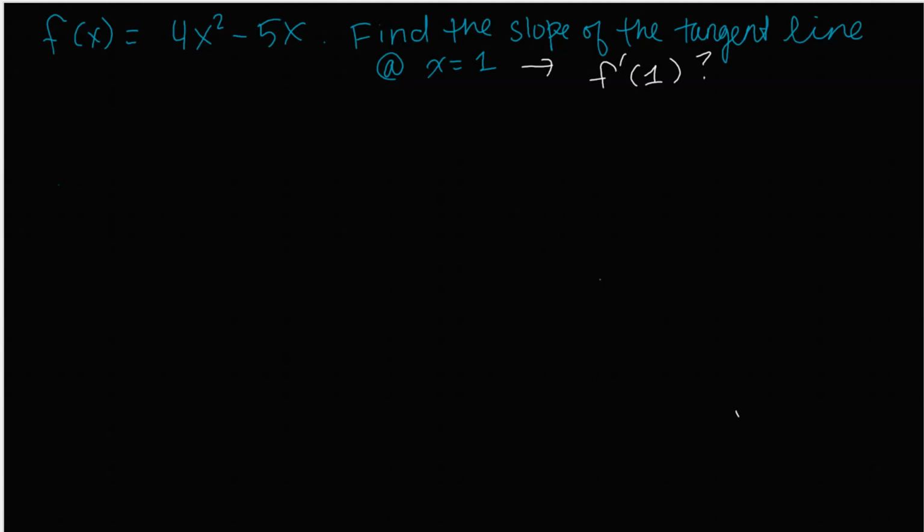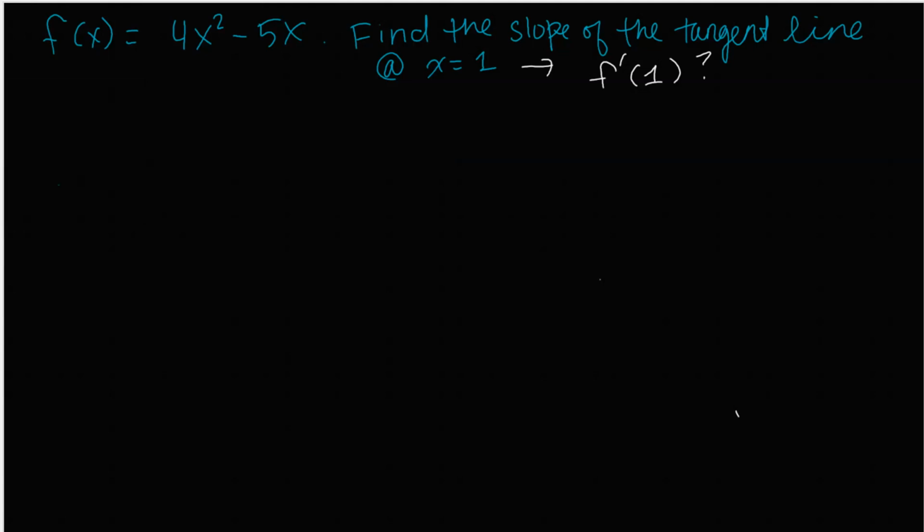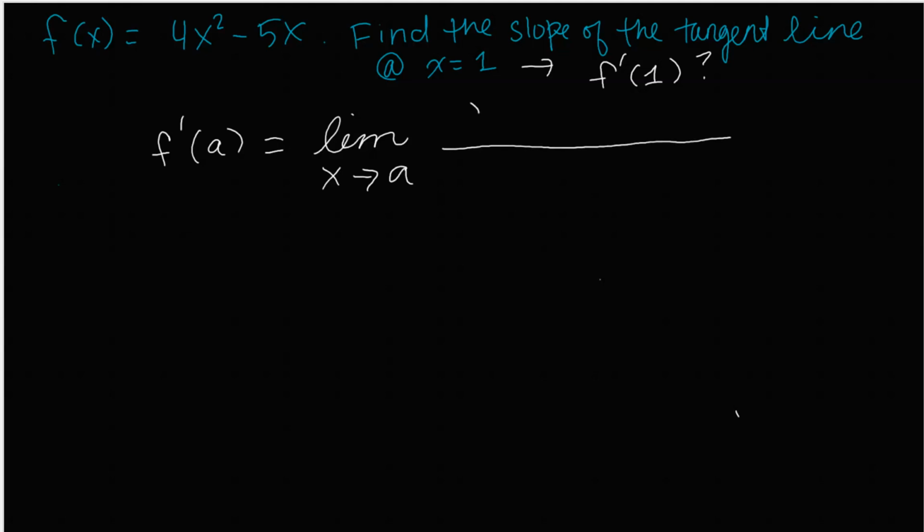Now you could use the definition that was given in your book or in MyMathLab, which is the derivative at some point a is the limit as x goes to a of f of x minus f of a, all divided by x minus a.